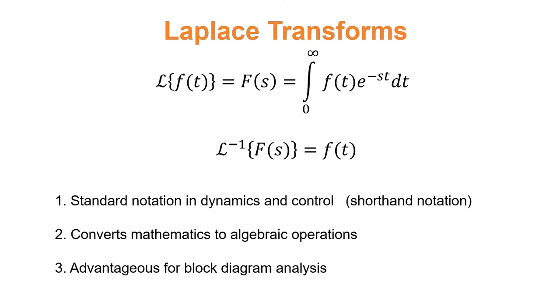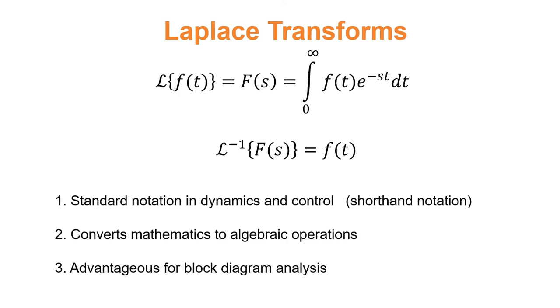So you may or may not remember that if we have some function f of t, we can take the Laplace transform of that function by taking this integral from 0 to infinity of that function multiplied by the exponential of negative st with respect to time.